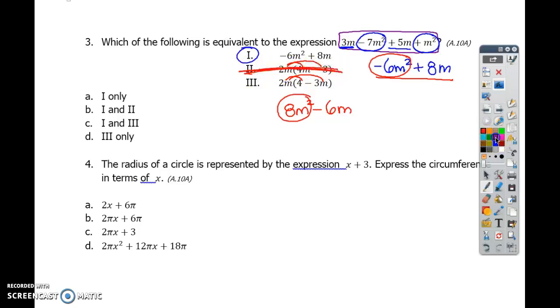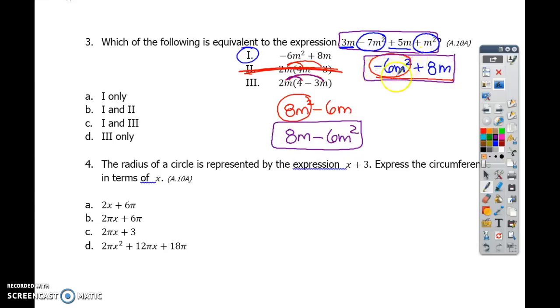If I do Roman numeral number 3 and I distribute like this, what does 2m times 4 give you? 8m. And what is 2m times negative 3m give you? Negative 6m squared. This is exactly like this one. They just moved them.